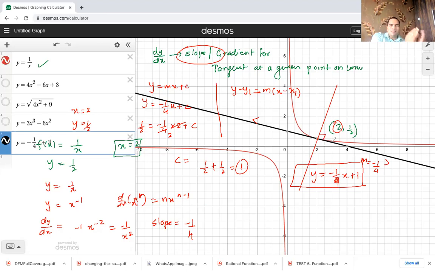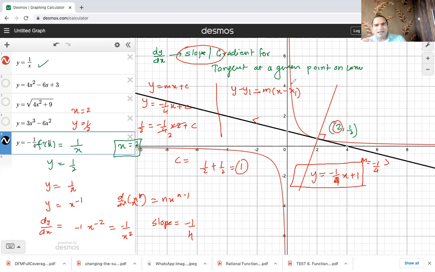So how do we find the equation of the normal now? The tangent passes through 2 comma half, and the normal also passes through 2 comma half. So we have the point, but we don't have the slope.